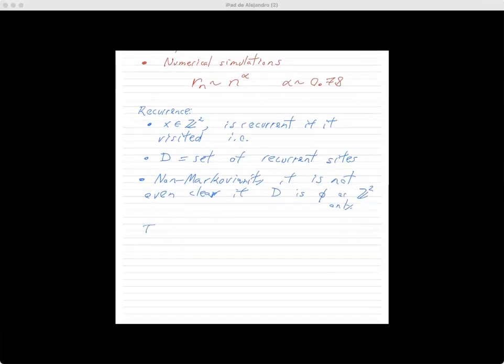So we were able to say something about this. This is also with Omer and Mark. So we can show that D actually is either empty or all the lattice. Okay.